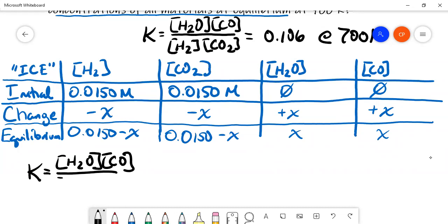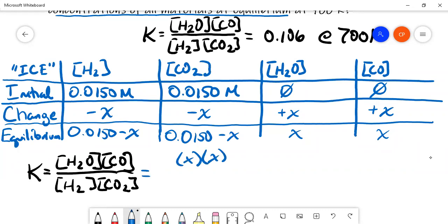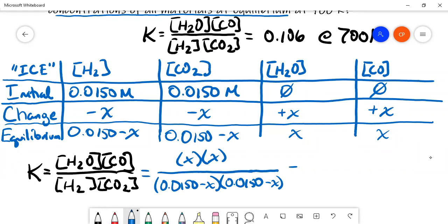When I write down H2O times CO concentrations over H2 times CO2 concentrations, what has to go into the numerator is X times X. And what has to go into the denominator is the equilibrium expressions down here: 0.0150 minus X times quantity 0.0150 minus X. And all that's equal to 0.106.